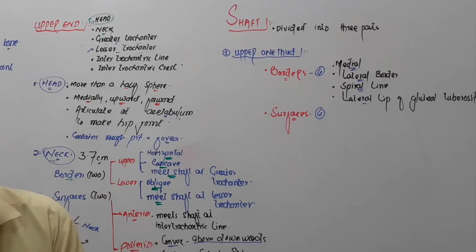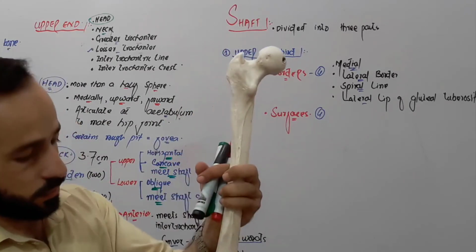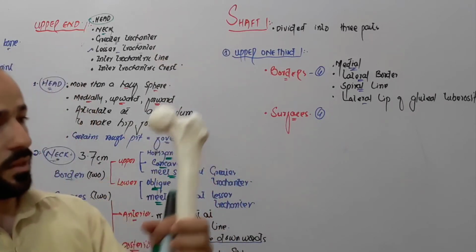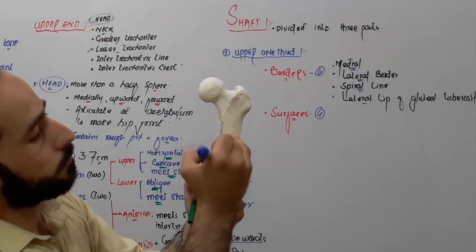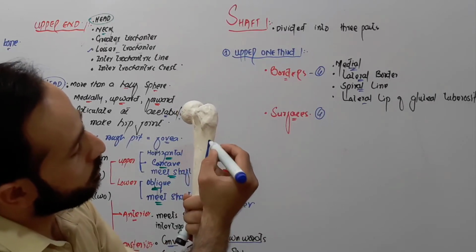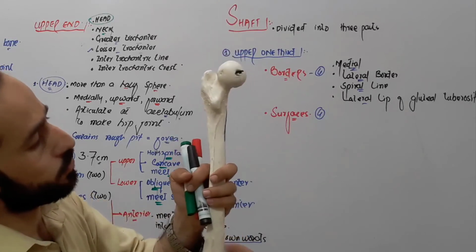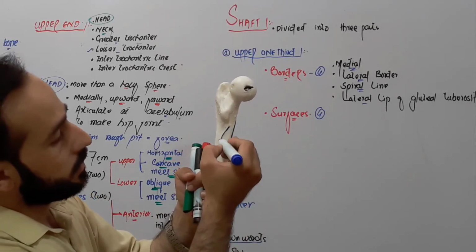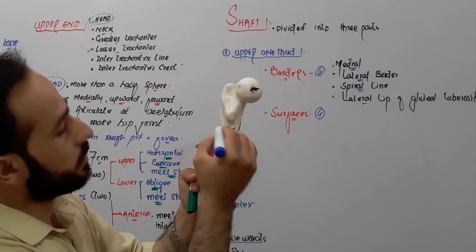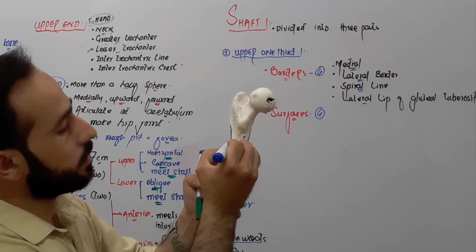So look, let me show you with this blue color. Okay, look carefully. This is the left femur bone, right? Here is the medial border. Then here is the lateral border, right, my dear friends? And if you look at the posterior aspect of this bone, there is the lateral lip of the gluteal tuberosity, right?